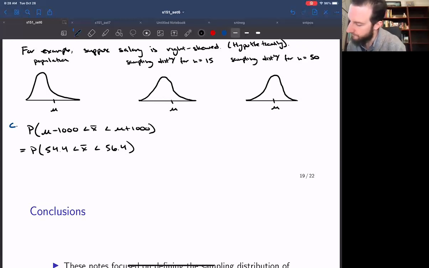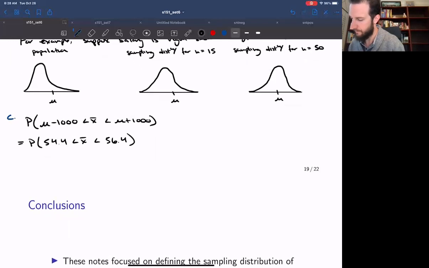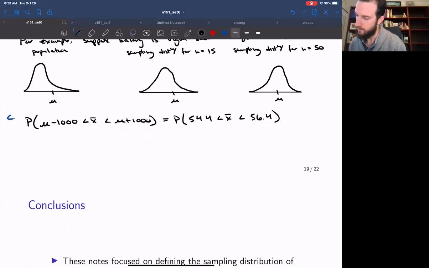Okay, so visually, maybe I'll just move this over here so I can sketch it below. All right, so visually, we would basically have the following. Here is our sampling distribution. Here is 55.4, which is the true mean.